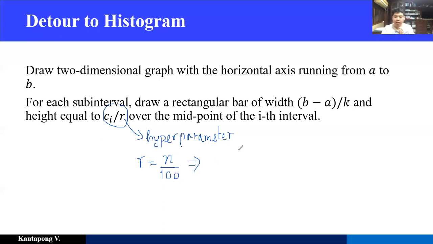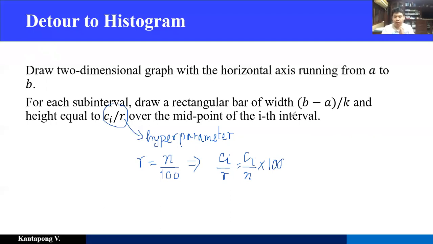So that if we find Ci over R, it's going to be Ci over n times 100. It's going to be percentages. Okay, so sometimes we do not want only the frequency, but we want something like the proportion, so that we can see what the shape actually looks like.